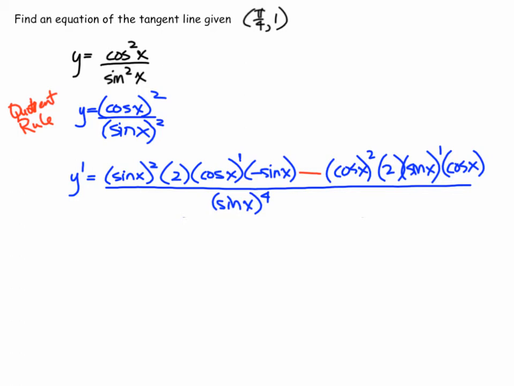And then I square the denominator, so the denominator becomes sine x all to the power of 4.